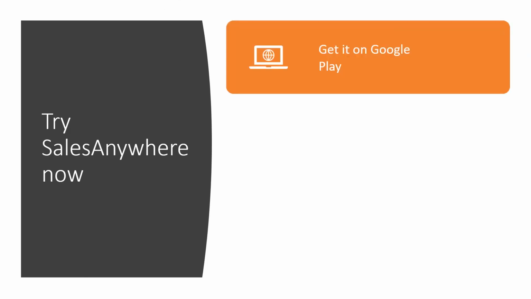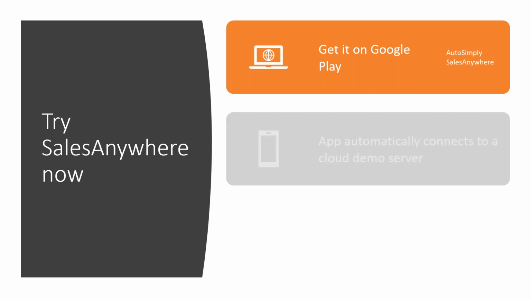It's very easy. Just go to Google Play and look for AutoSimply Sales Anywhere. Once you install the app, without any configuration, the app would automatically connect to a cloud demo server we already set up, and you can log in right away with admin, and then start trying out the app.